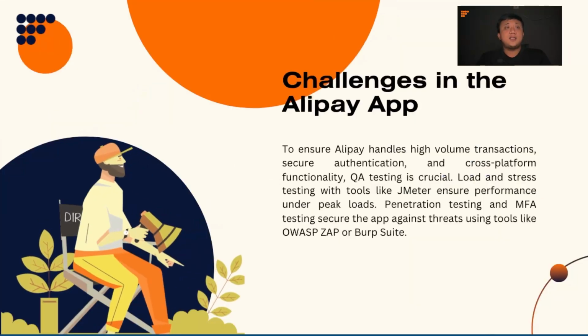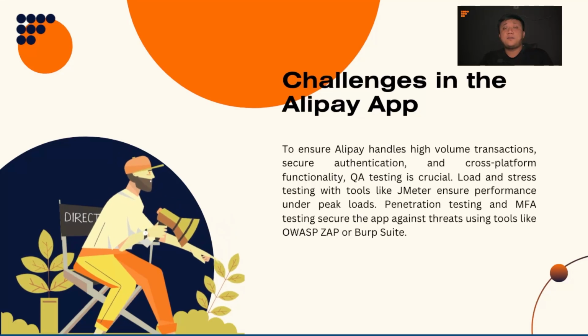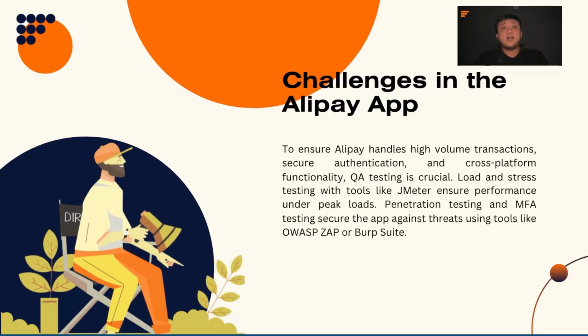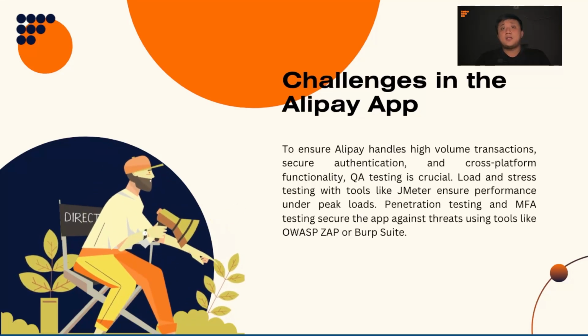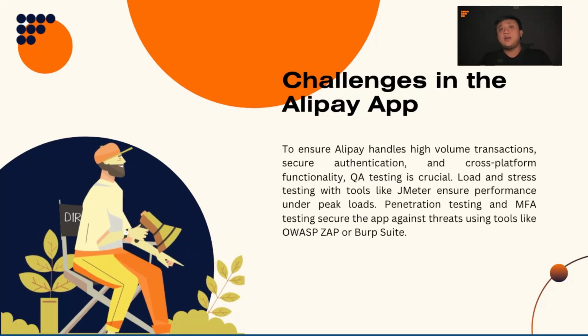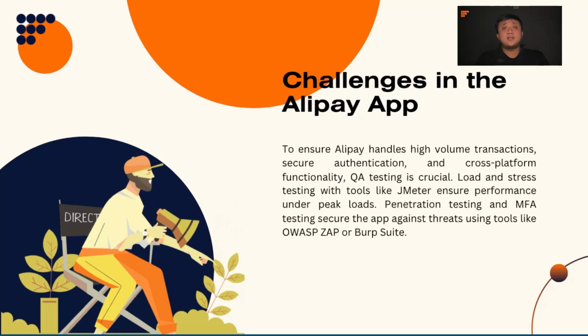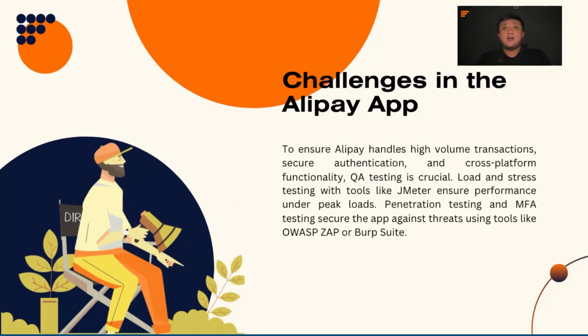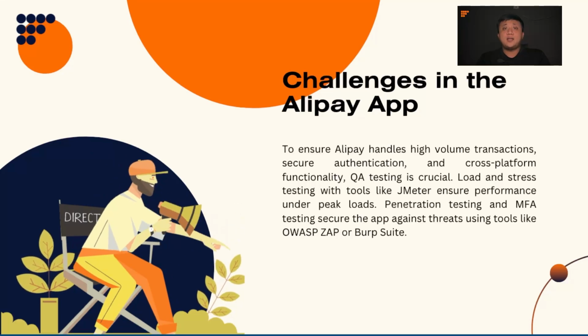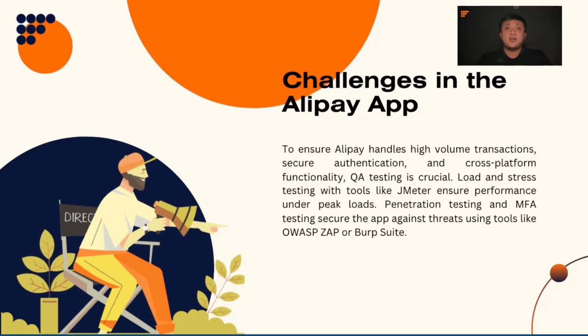Then the next one is challenges in the Alipay app: handling high volume transactions, ensuring secure authentication, and maintaining cross-platform functionality. QA testing needs to be thorough and well organized. For handling high volume transactions, we need to perform load and stress testing to ensure the app can handle peak times without any issue.